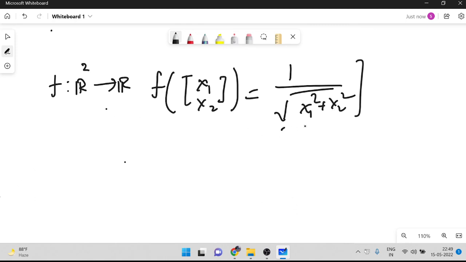This is a continuous function, so it is integrable everywhere. The only thing we have to look at is its integrability at 0.